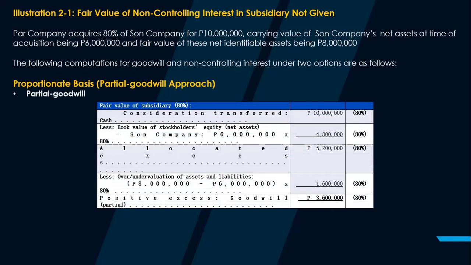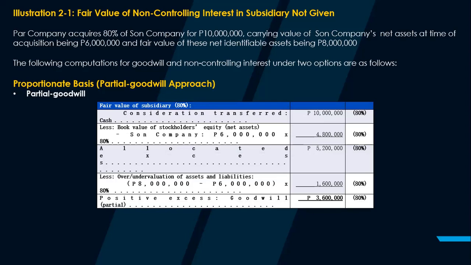So we have now the book value of stockholders' equity, net assets, Sun Company for 6 million multiplied by 80%, so 4,800,000. So we have now the allocated excess of 5.2 million, and we have now the over undervaluation of assets and liabilities.